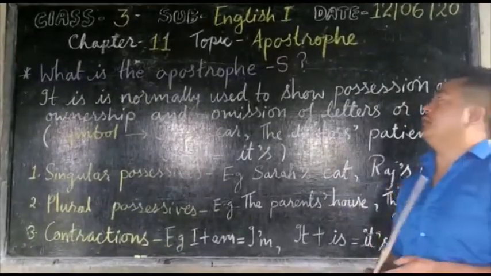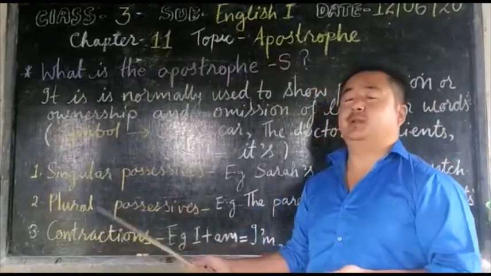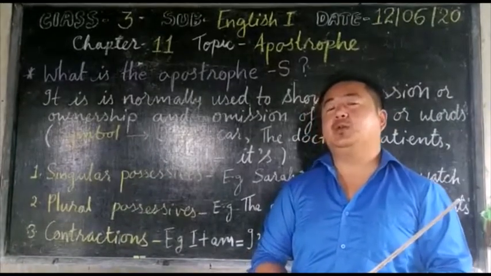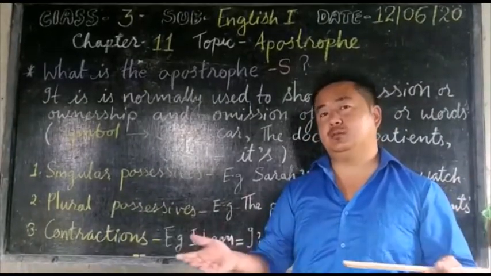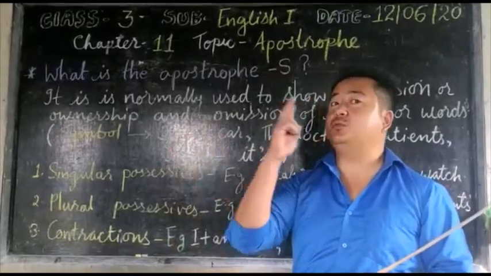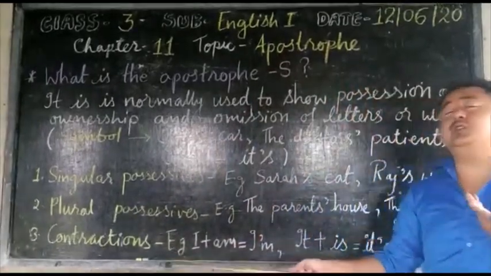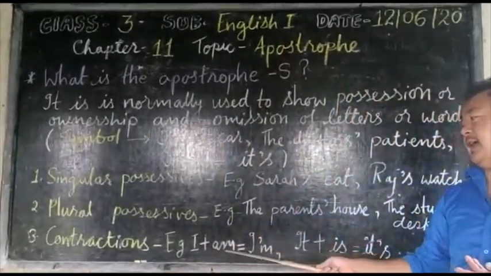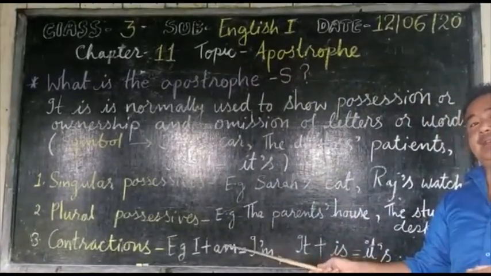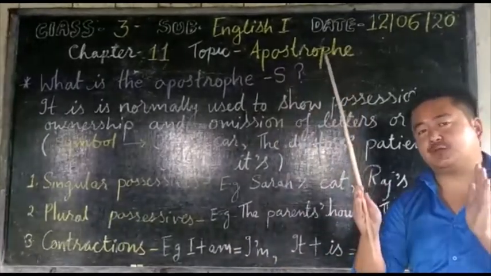And where you can also use the apostrophe is in the contraction form. What do you mean by contraction? In some cases, we omit long forms or join two different words into one. For example, we can say I am a good boy or girl, but in place of that, we shorten it, we write in a short form.